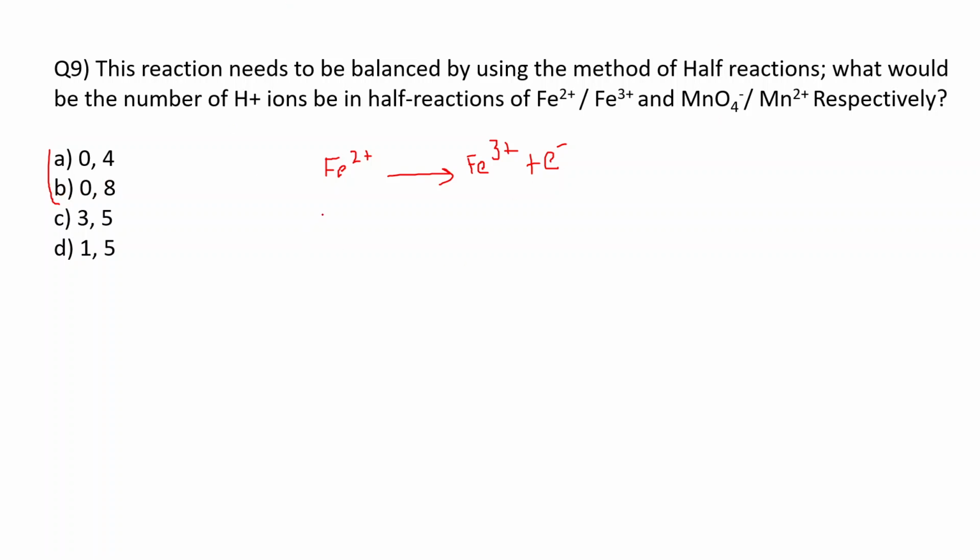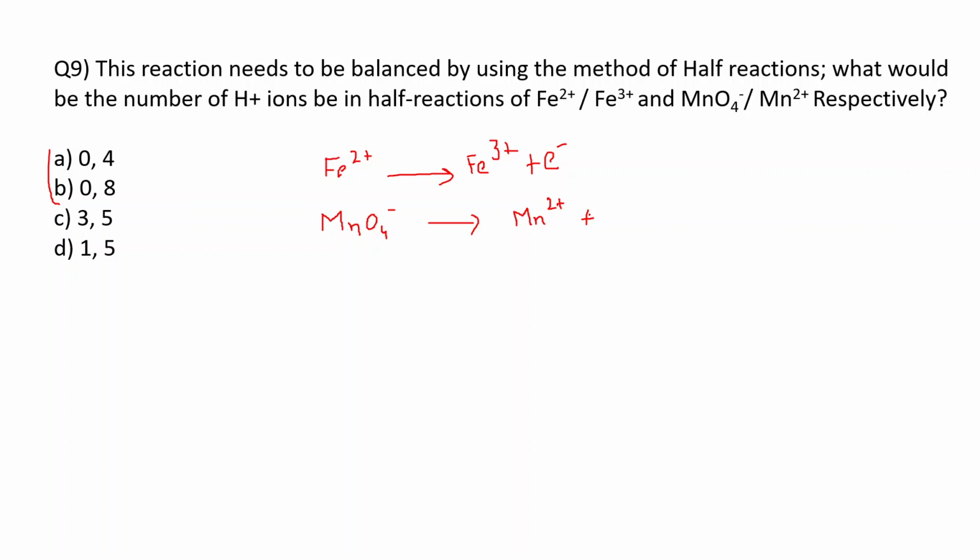Coming to the next part. MnO4 negative is converted to Mn2+. Here also we need to balance the oxygen as well as the charge. First of all, when oxygen is involved, we can balance it by using hydrogen.